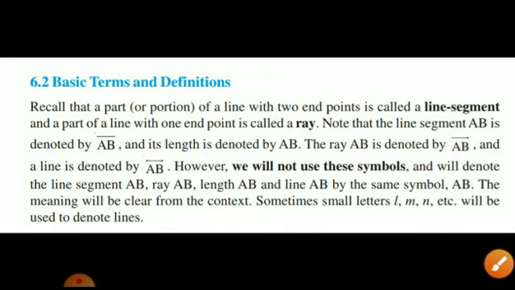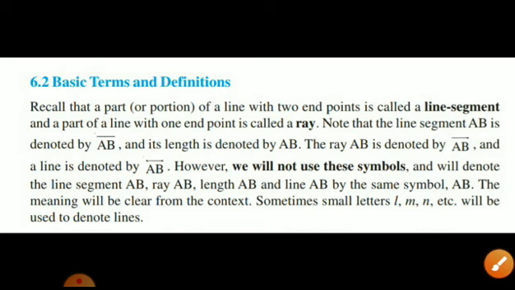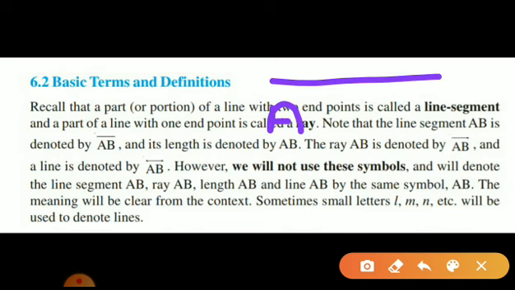Now the third case is your ray. A ray is again a part of a line which has one endpoint, and on the other side you can extend it. It can be extended only from one side. Suppose I am drawing here and saying that AB is a ray, that means from B it can be extended.